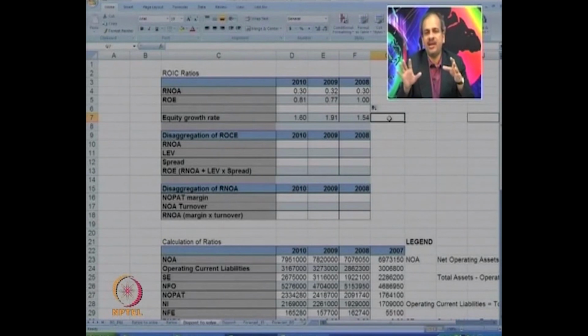After paying interest to the debt owners, or to the providers of the debt, all the remaining profit goes to ROE. You can see ROE was as high as 1, that is 100%, in 2008. It went down to 0.77 and now it has somewhat improved to 0.81.